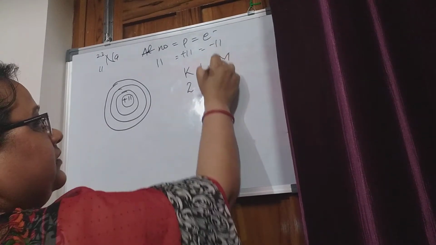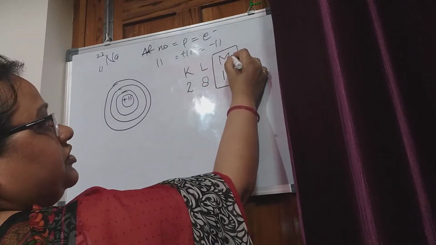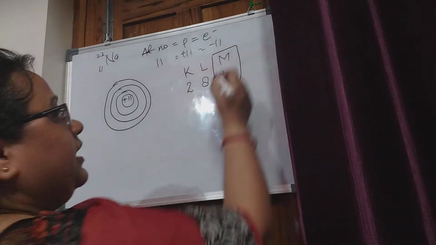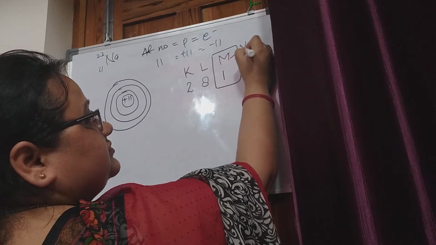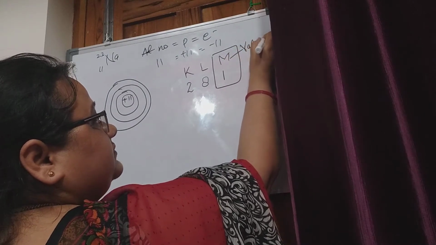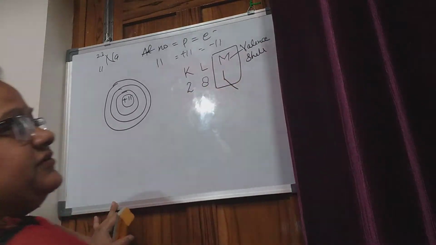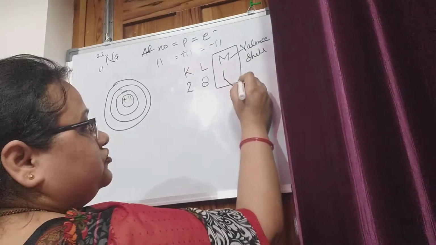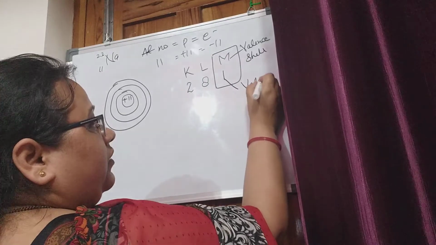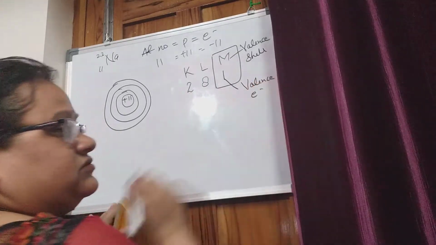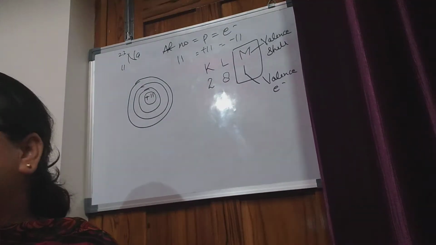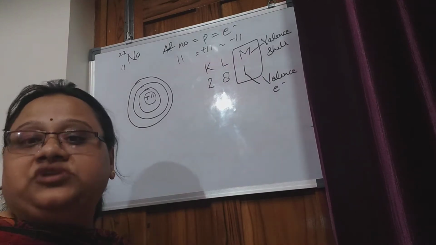Now see, this M is the outermost shell, and the outermost shell is called the valence shell. The electrons present in this outermost shell are called valence electrons. Valence electrons are the electrons which are present in the outermost shell of an atom.